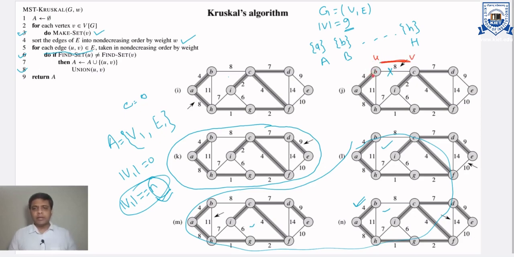Initially, when all the vertices are separate sets, the set of B would be capital B and the set of C would be capital C, so they are distinct. If they are distinct, find set U is not equal to find set V, that means it is safe.